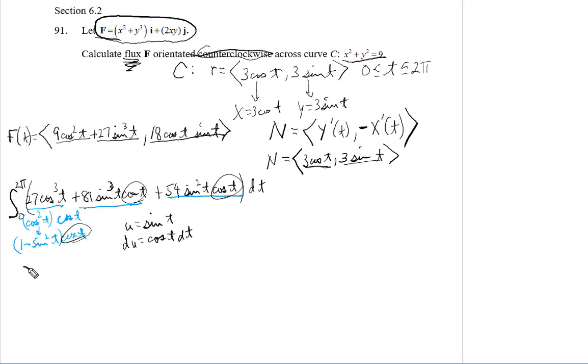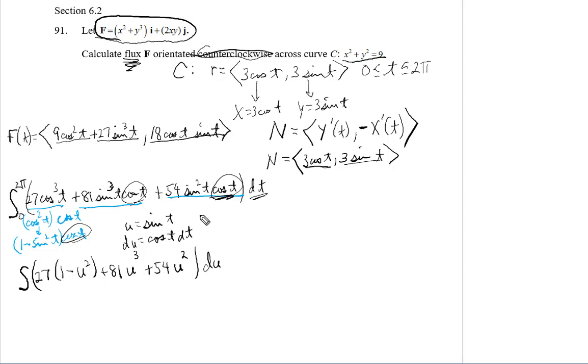So the integral that we would have left would be 27 times 1 minus u squared, plus 81 u cubed, plus 54 u squared, and the cosine t dt would just become du.